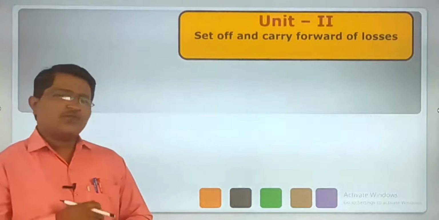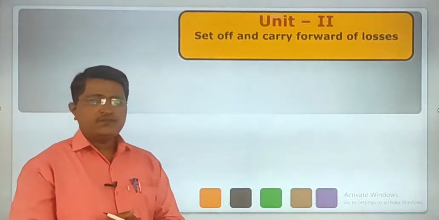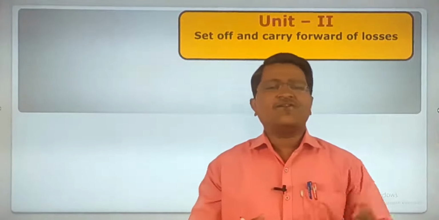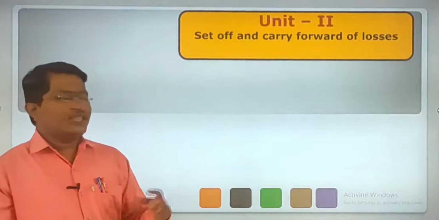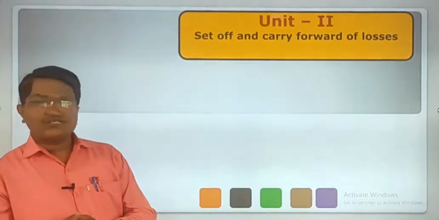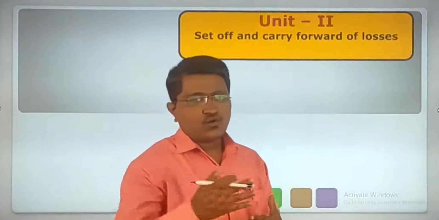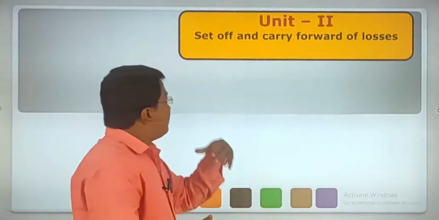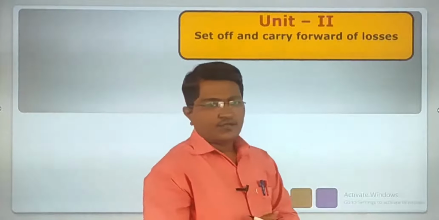Before we go into detail about this unit, first of all let us know the actual meaning of set off and carry forward, and later we move to what concepts we are going to learn in the chapter, right?